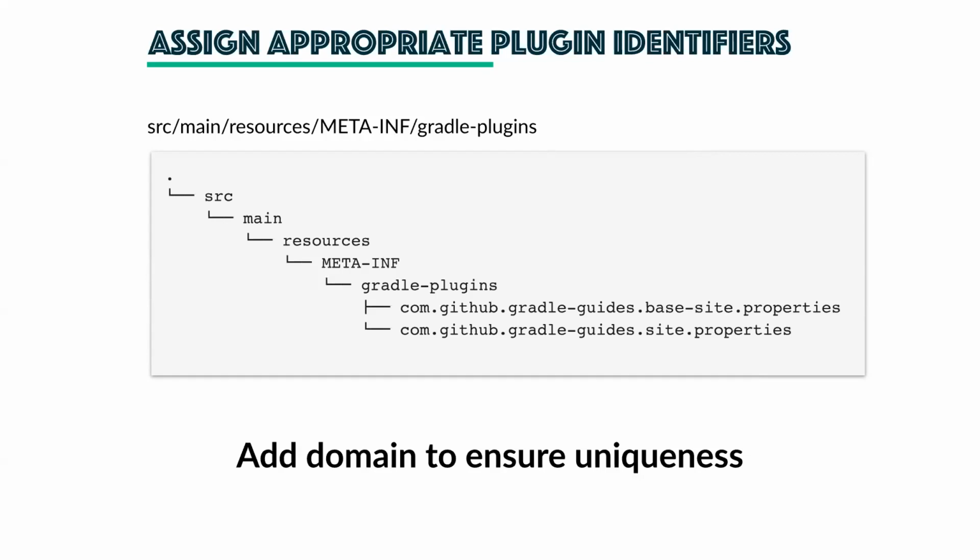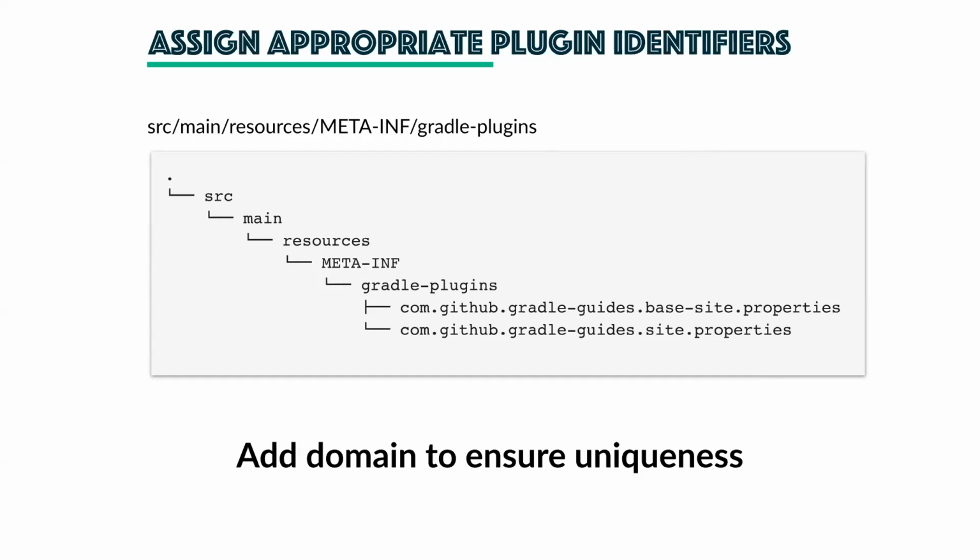You can see here, it's fairly easy to introduce such a plugin identifier. We can define the plugin identifier with property files that point to the plugin implementation class as a value. You can have as many property files and plugin identifiers as you want to as part of your jar implementation.